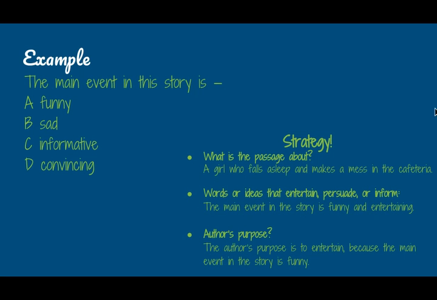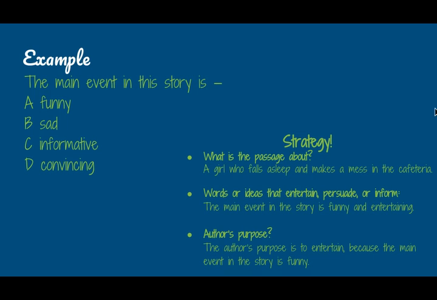All right, so let's look at an example of how we might dissect a question. Let's look at this question. The main event in this story is: A, funny; B, sad; C, informative; or D, convincing. So we're going to work with some of these strategies.